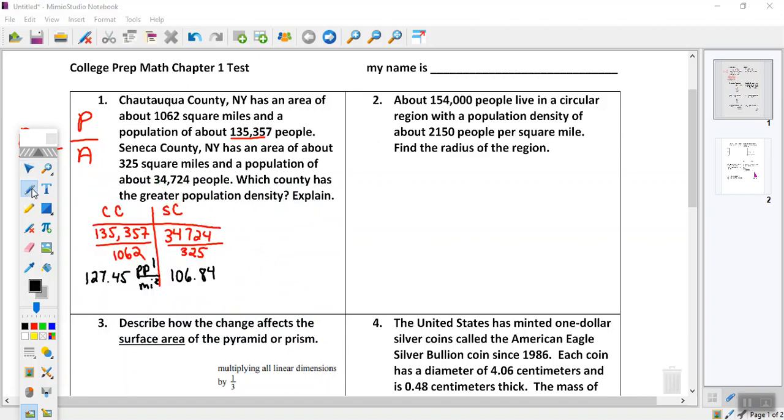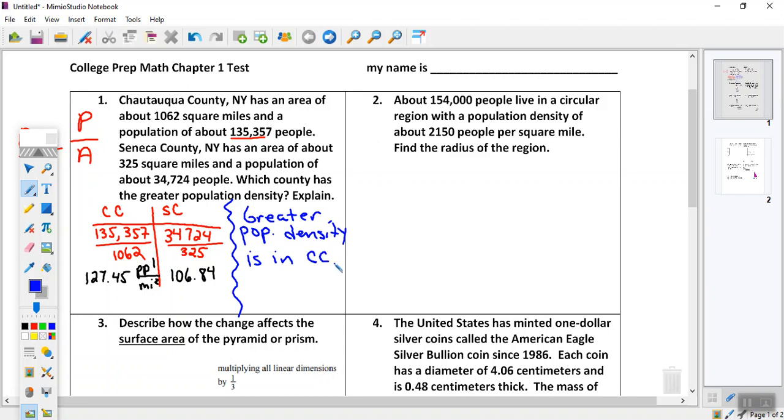So we need to bring some closure to this with what they want. Your greater population density is in, what do we say, Chautauqua County? I'm going to abbreviate CC.